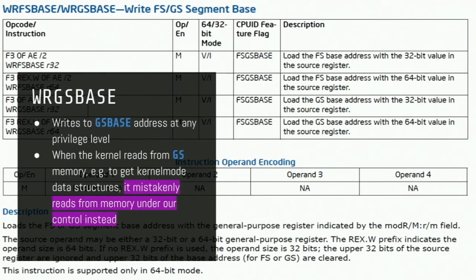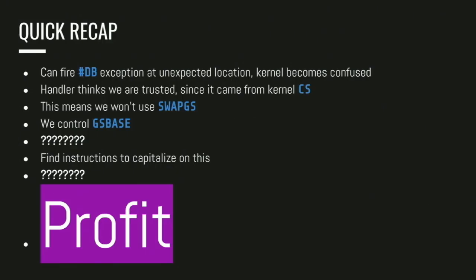So when the kernel reads GS memory, it doesn't dereference your thread environment block. It doesn't dereference your processor control region. It actually dereferences memory that you completely control, and that makes it even easier to exploit as opposed to just overwriting your TEB. So Nick's going to do a quick recap just to explain where we're at and what we have now.